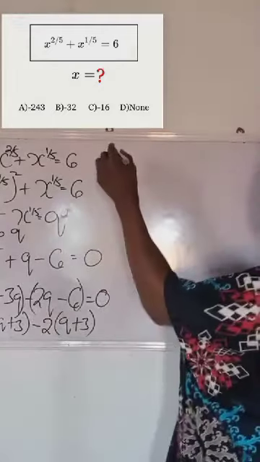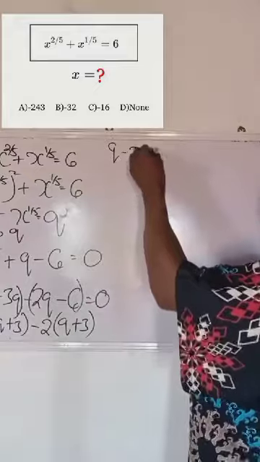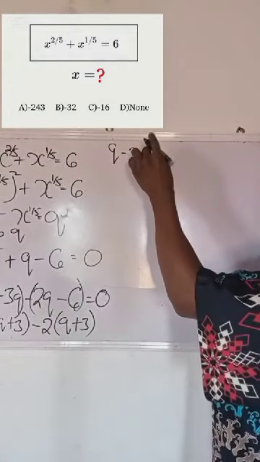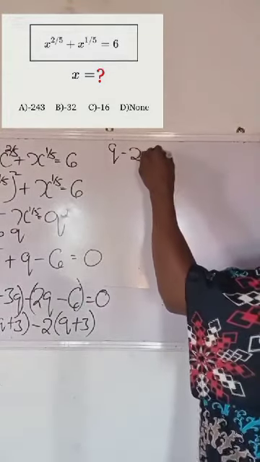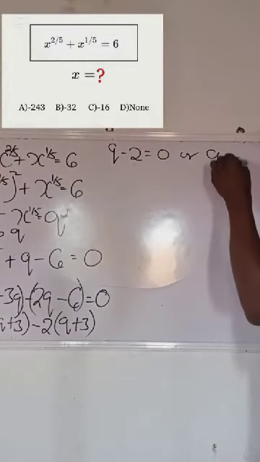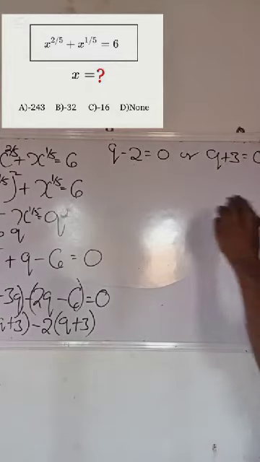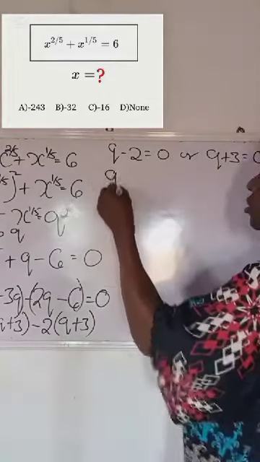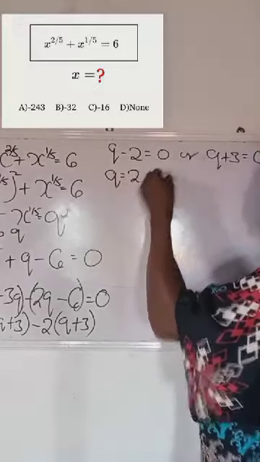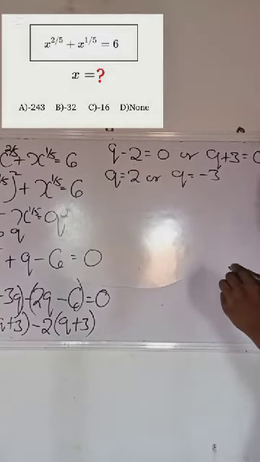Okay, so from this I'm going to take my q minus 2 equals 0, or q plus 3 equals 0. So in this case, I'll say q equals 2 or q equals minus 3.